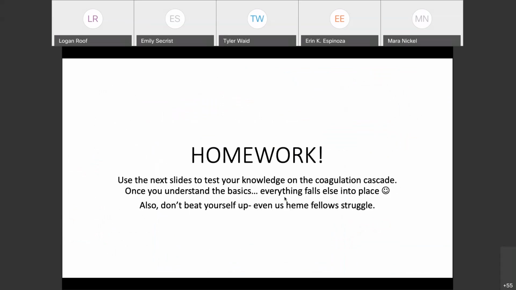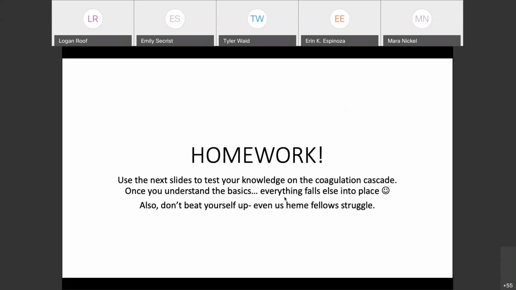I'll still stick around for more questions, but the next slides I won't go through. I can send out the PowerPoint to you guys so that you have it, but I have maybe 10 slides left over that walk through the causes of a prolonged PT, and how to think about coagulopathy in a liver disease, DIC patient, or vitamin K deficiency.